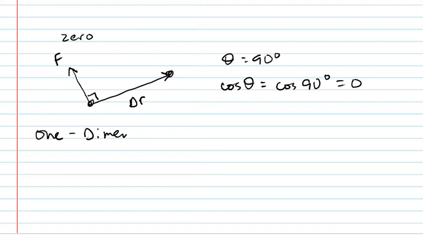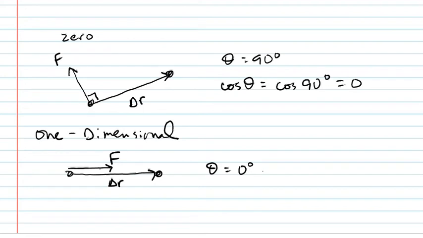In the one-dimensional case, if the displacement and the force are parallel to each other, then theta is 0, and the work formula is going to end up just being the force times the displacement. The cosine of 0 is 1, so it disappears.